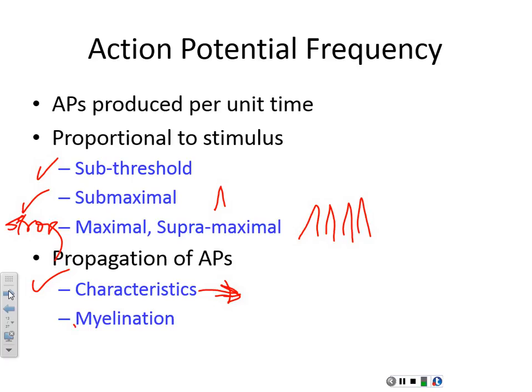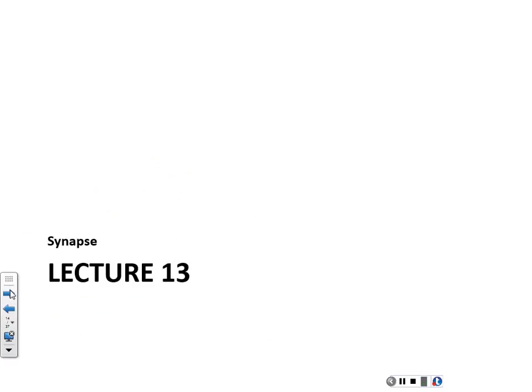Myelination causes saltatory conduction, where it jumps through the nodes of Ranvier only, because the nodes of Ranvier are the ones that are not myelinated. The other parts that are myelinated are insulated, so the action potential can't pass through there. So it jumps, it kind of shortens the axon. That's how it speeds up the action potential conduction.